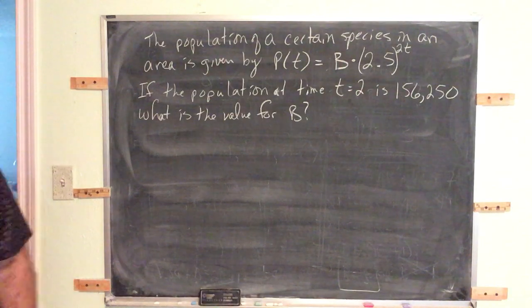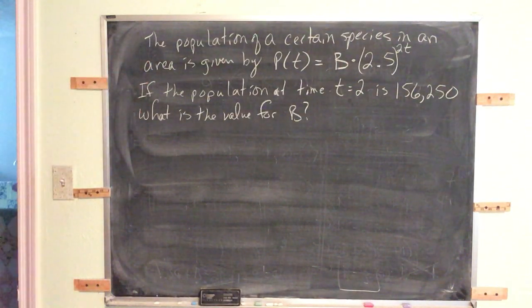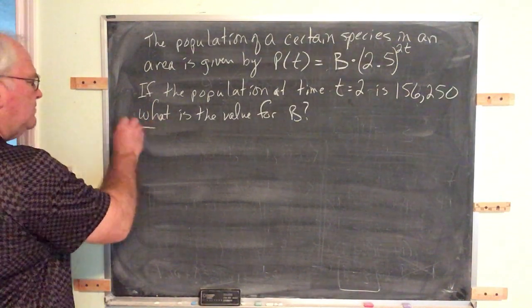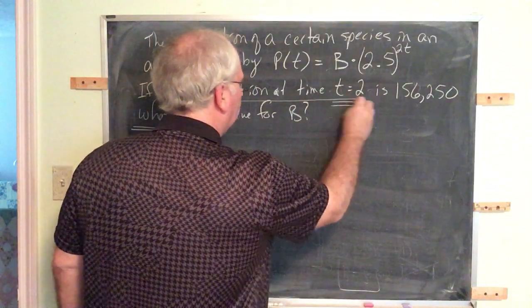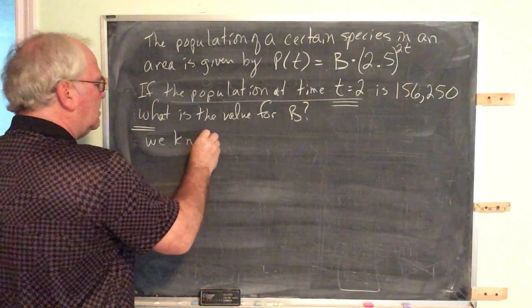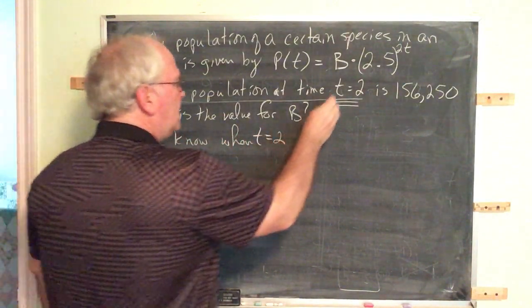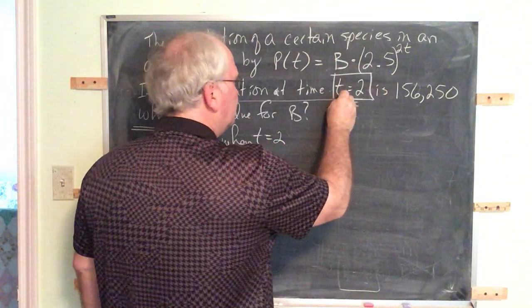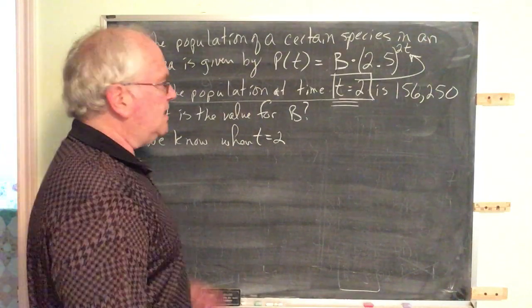All right? So again, I think the notion is we need to set up the circumstance that we have and then use that to back solve for the value of b, which will cause that circumstance to occur. We're given that the population at time t equals 2, so when you take t equals 2 and substitute it into that expression, that gives the value.